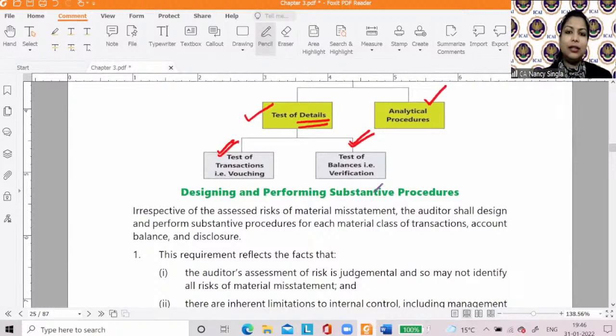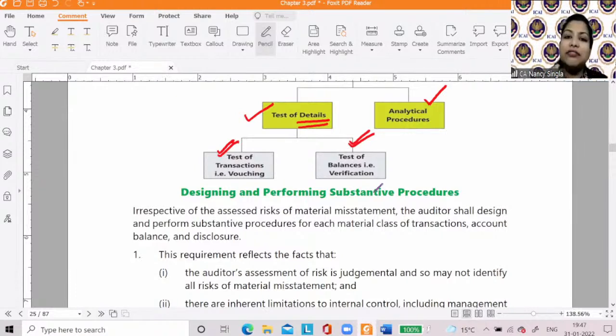Now let's try to understand test of transactions and test of balances. Students, tell me, in the balance sheet various balances come, like the closing balance of plant and machinery and the closing balance of inventory.